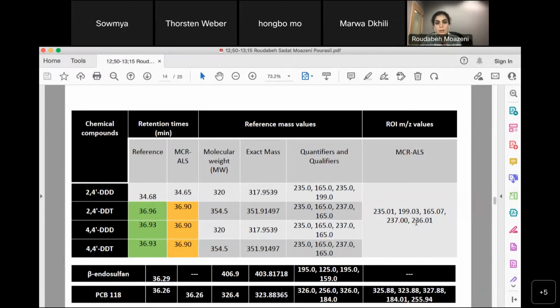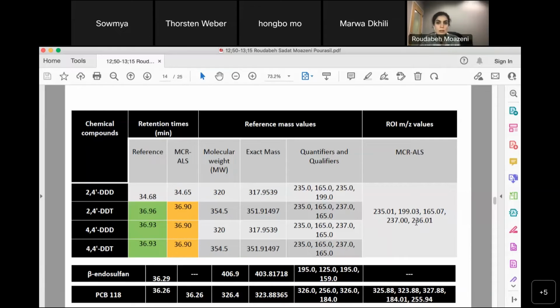We believe that the peak resolved by MCR also corresponds to beta-endosulfan. However, the resolved MZ values were very close to PCB 118 rather than beta-endosulfan.